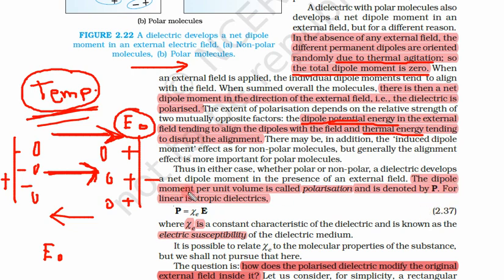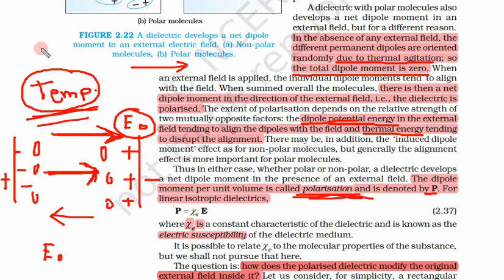The dipole moment per unit volume is called polarization. This is an important factor. Again, we are taking the dipole moment per unit volume. This is denoted by P and called polarization. When we align the dipoles, then per unit volume, the dipole moment.